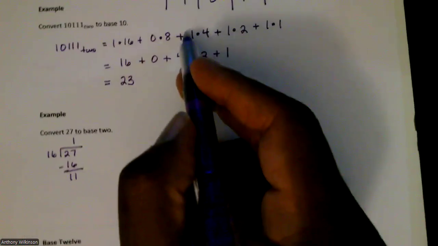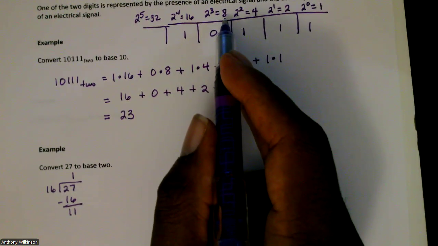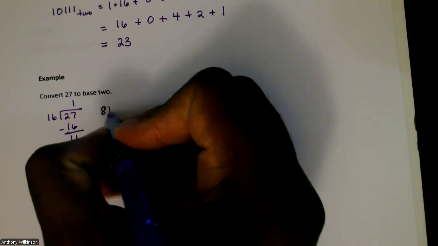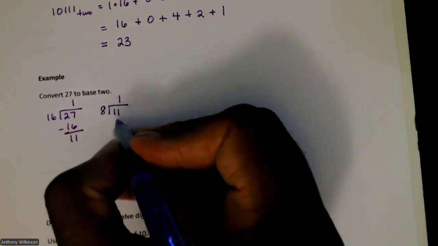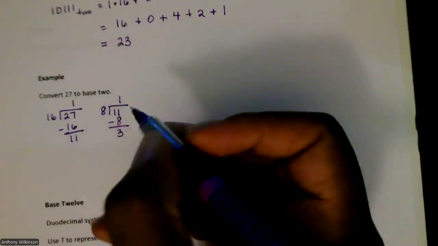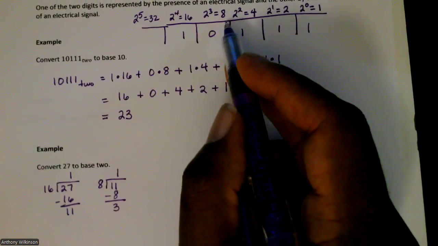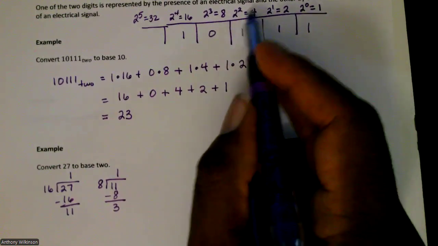And then next I will use 8. That's the next power of 2. Go from 16 down to 8, because 2 to the third is 8. So I'm going to divide 8 into 11, and 8 goes into 11 1 time. 1 times 8 is 8. 11 minus 8 will be 3. After that, the next power of 2 will be 2 to the second, or 4.